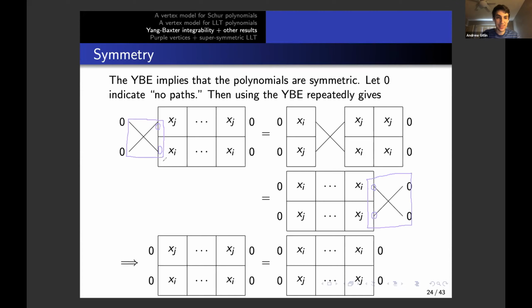And these two vertices have a weight of 1. So what this gives you is this bottom equation down here. So xi on bottom, xj on top equals xj on bottom, xi on top. And using this process, you can swap any two of the x's that you want to, and that's enough to show that the LLT polynomials are symmetric.